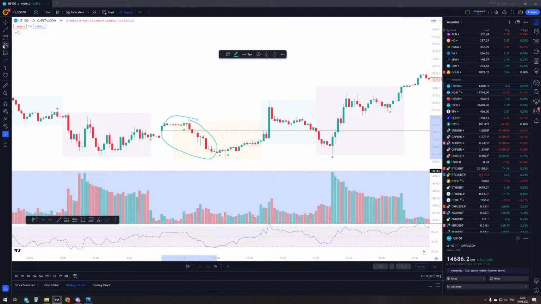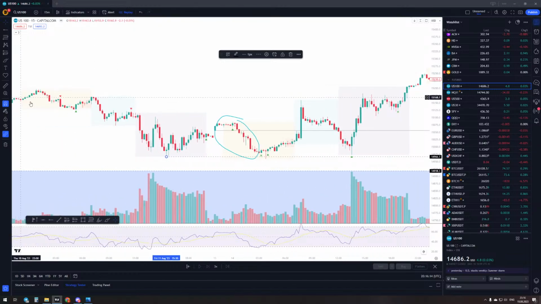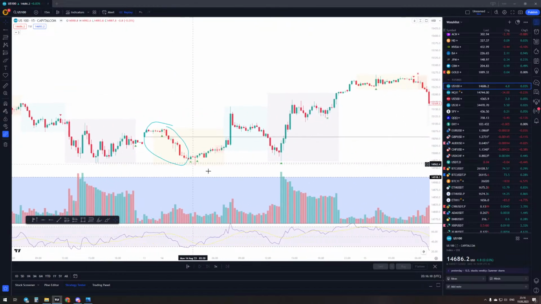Then we have manipulation when we grab some important liquidity. Then this is manipulation, right? Specifically this candle.